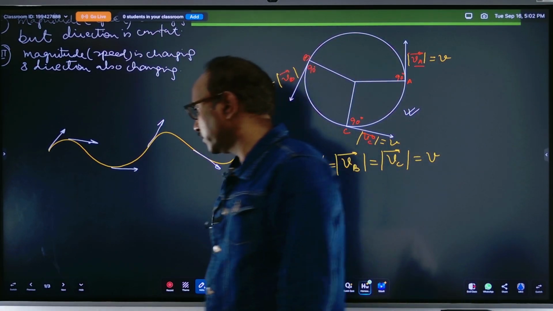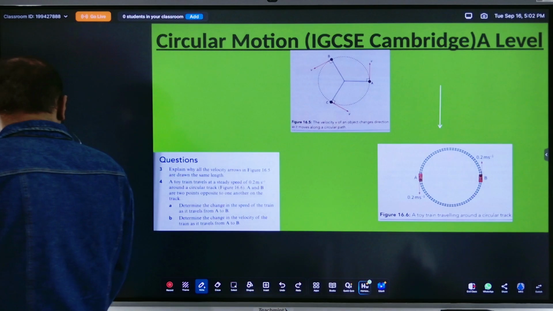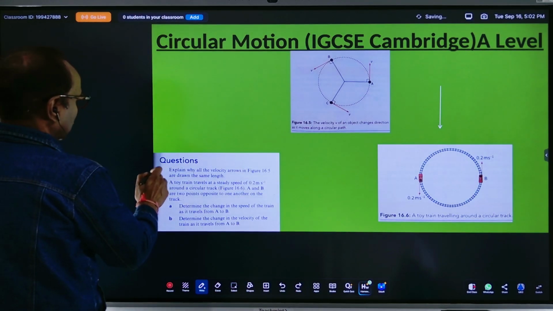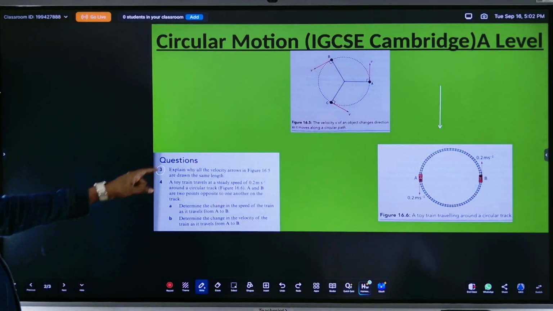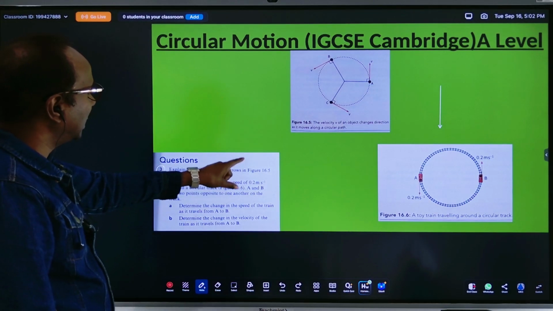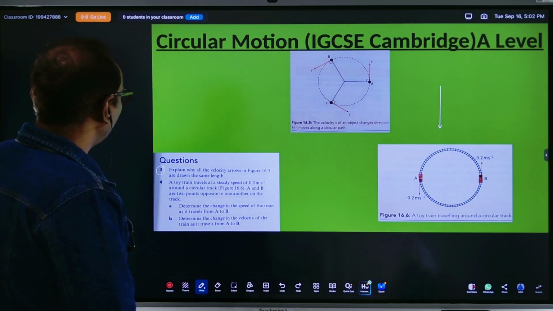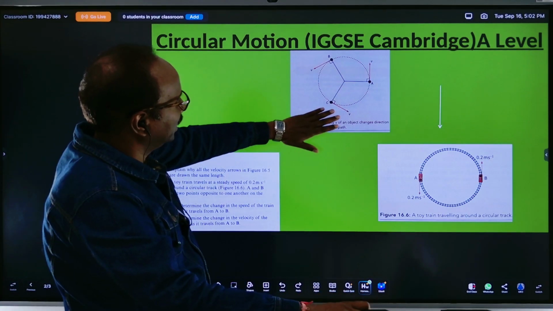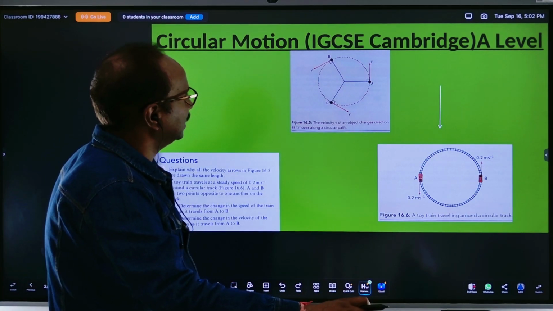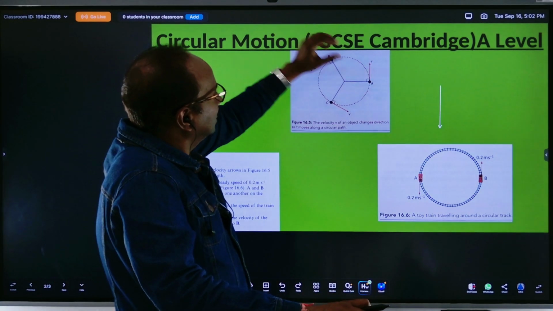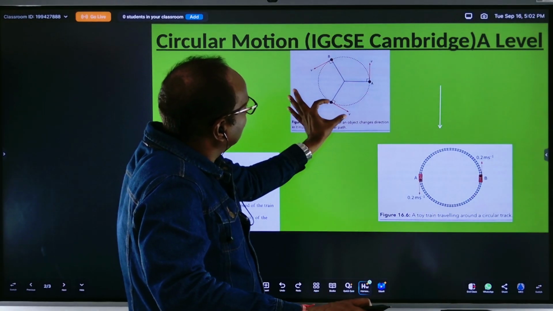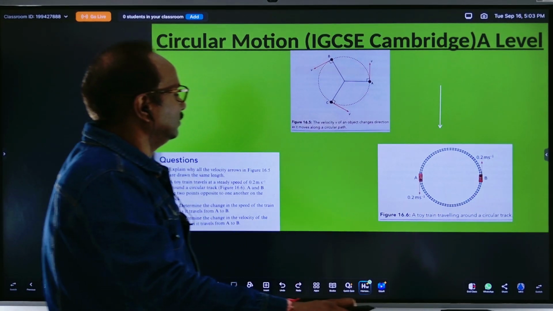So let us do a question on it that is given in your book. 3. Explain why all the velocity arrows in figure 16.5 are drawn the same length. This is your figure 16.5. It is saying why this, this and this length is same.